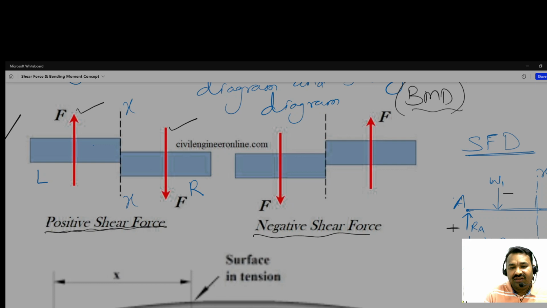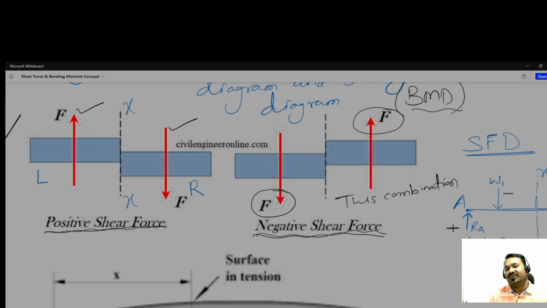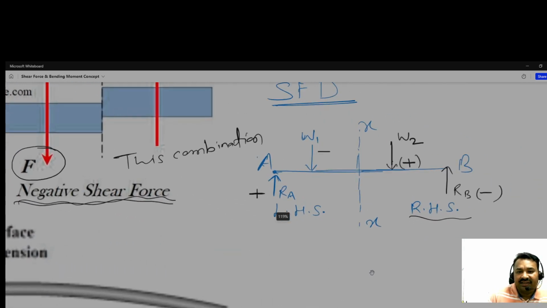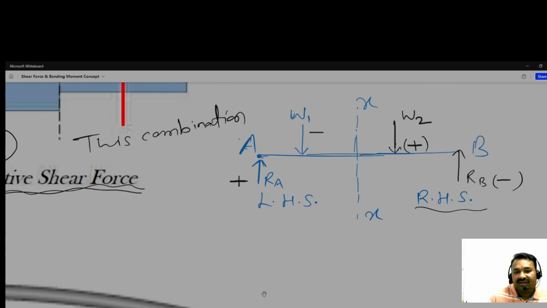The negative shear force: left side downward, right side upward. This combination we say negative shear force. And let us implement this sign convention for the shear force.